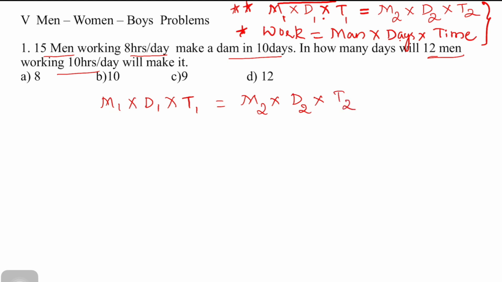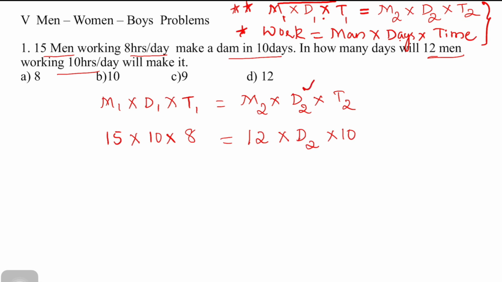So we know 15 men working 8 hours per day will complete a dam in 10 days. So 12 men working 10 hours per day will take how many days? They are asking this D2 to complete the work.